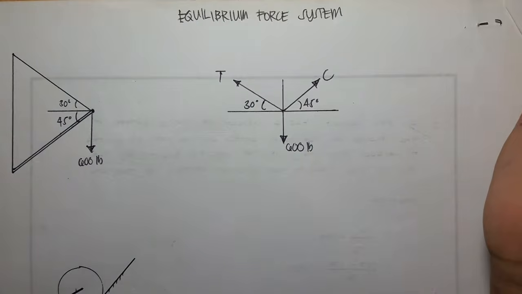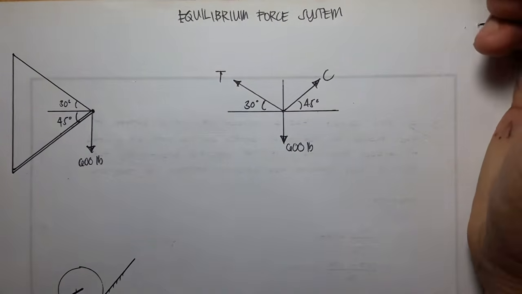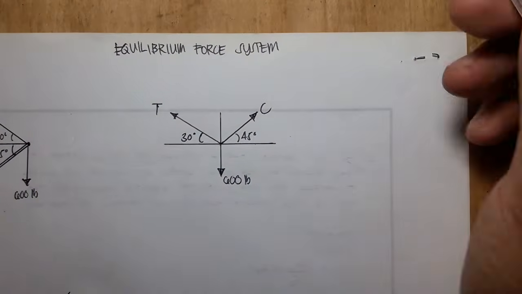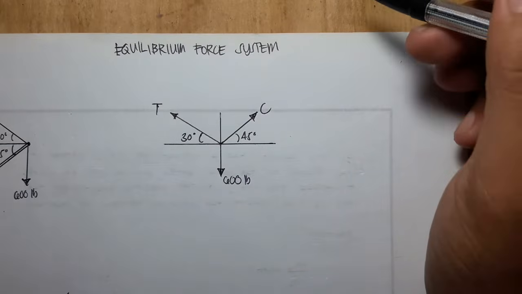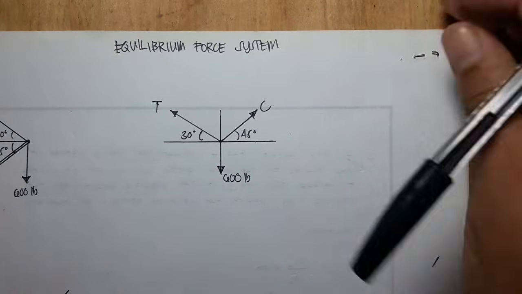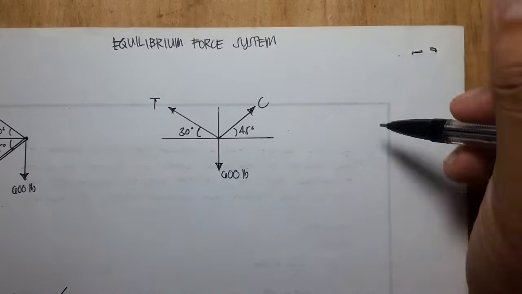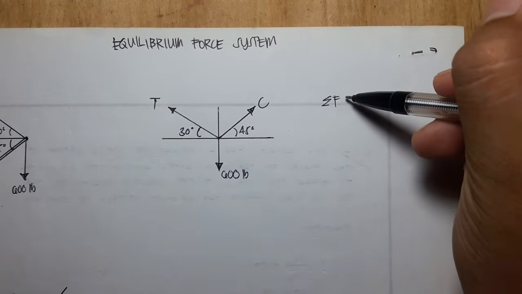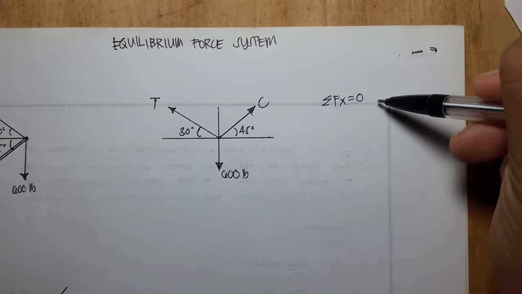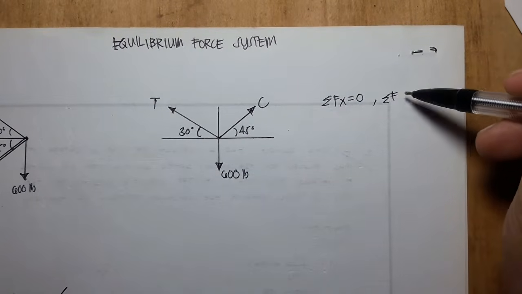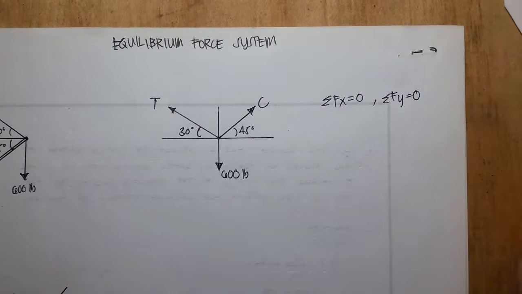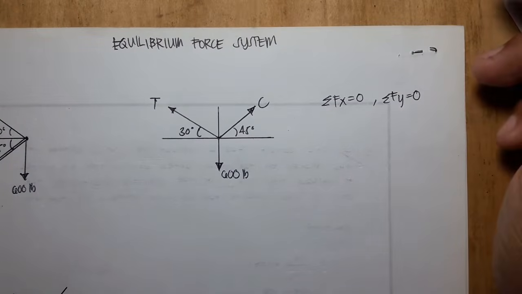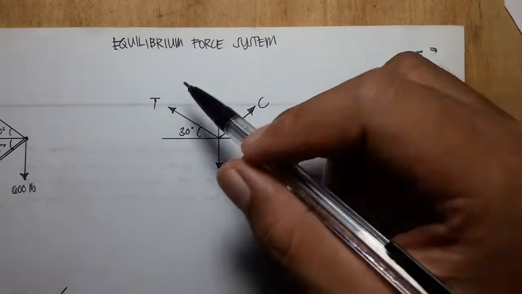Now, because we are in an equilibrium force system, the summation of force X and force Y should be equal to 0. You will be seeing this equation a lot in this equilibrium force system.